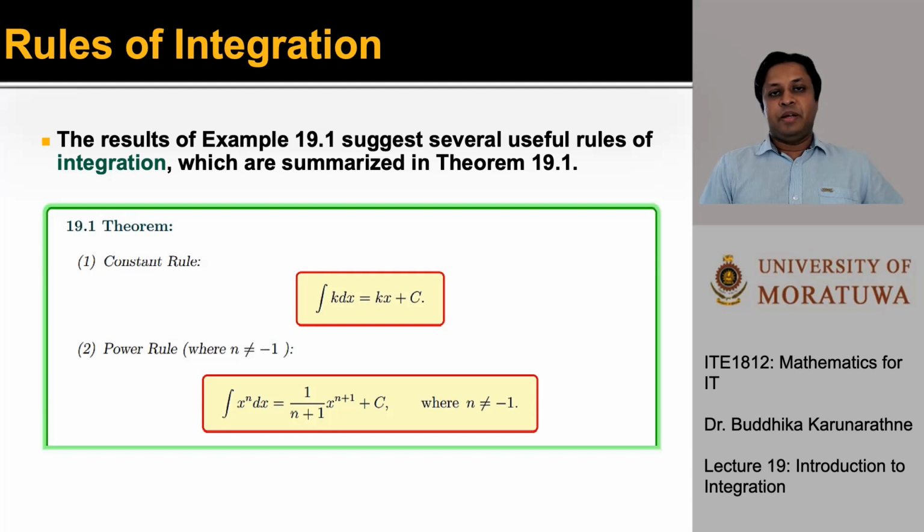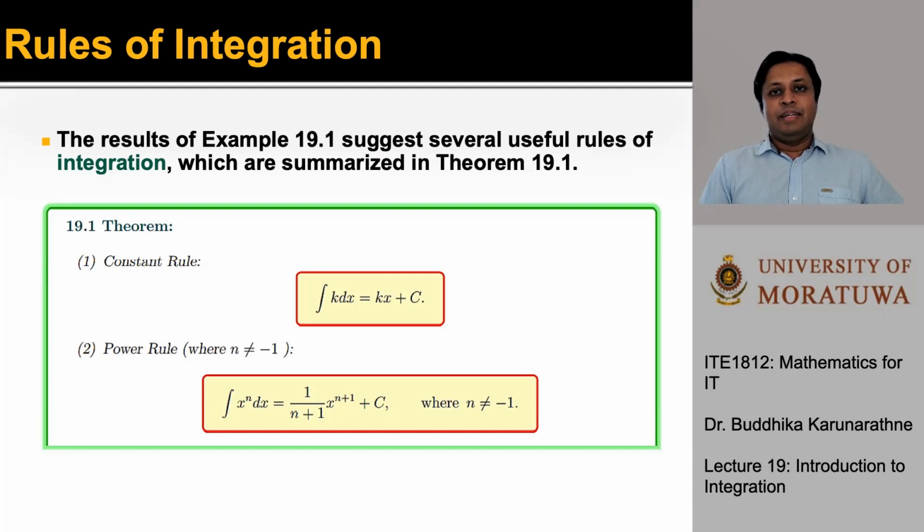The first one is very basic. It is the constant rule. When you integrate a constant k with respect to x, integral of k dx, you get k times x plus c.